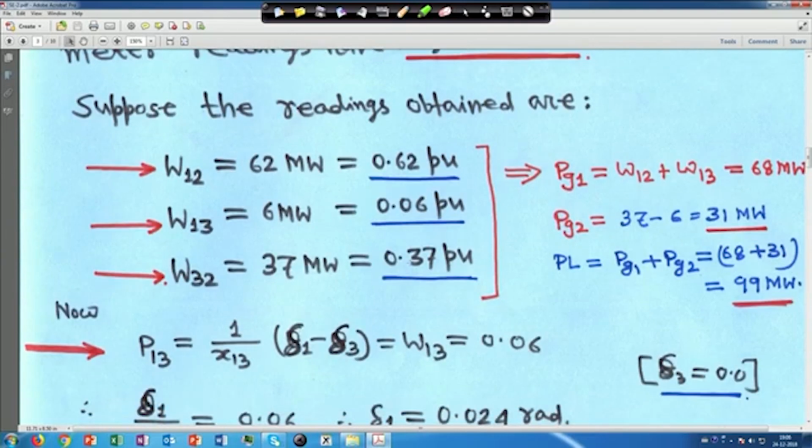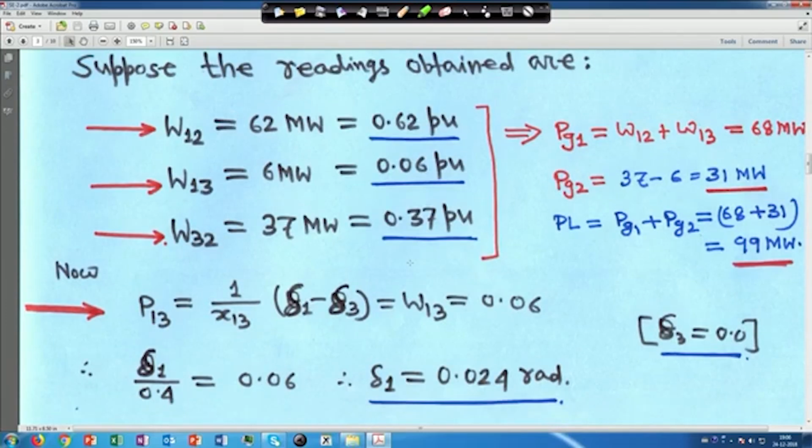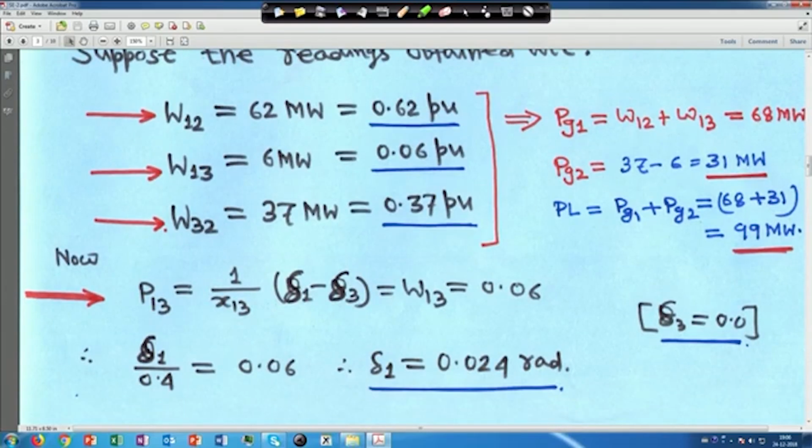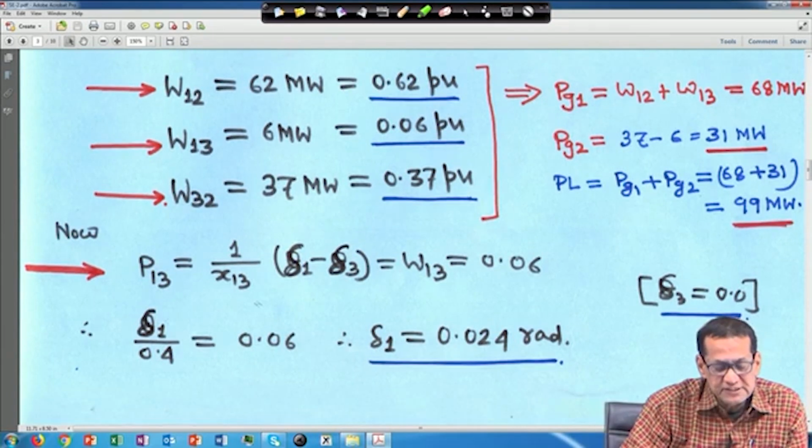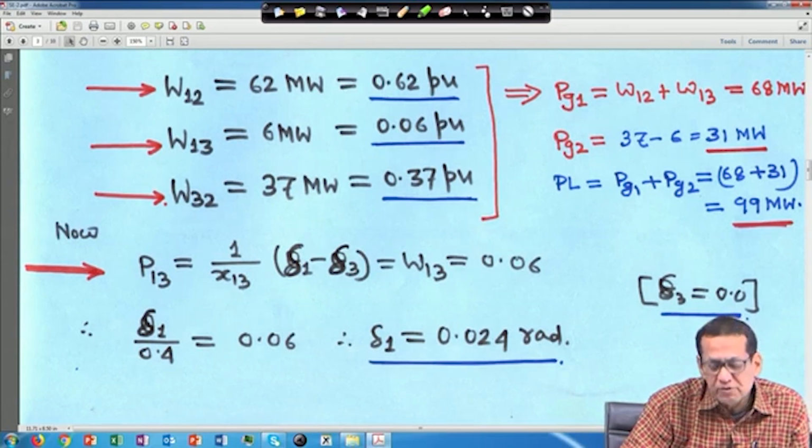Now, if you calculate P13, that is equal to 1 upon x13 times (delta 1 minus delta 3), that is nothing but W13, which is equal to 0.06, right. Because the meter placed on line 13 reads W13 equal to 0.06, from here you get delta 1 divided by 0.4 is equal to 0.06, because x13 is 0.4.